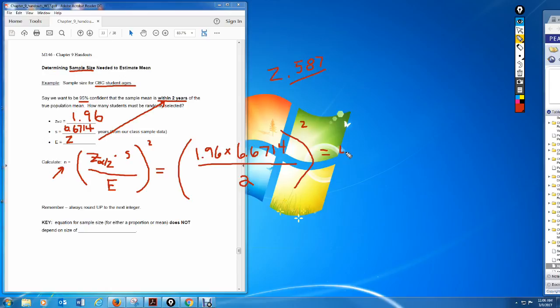And I got 42.745. And as always, just always round it up. So automatically we're going to call this 43. All right. So presumably we would need to actually sample 43 students.